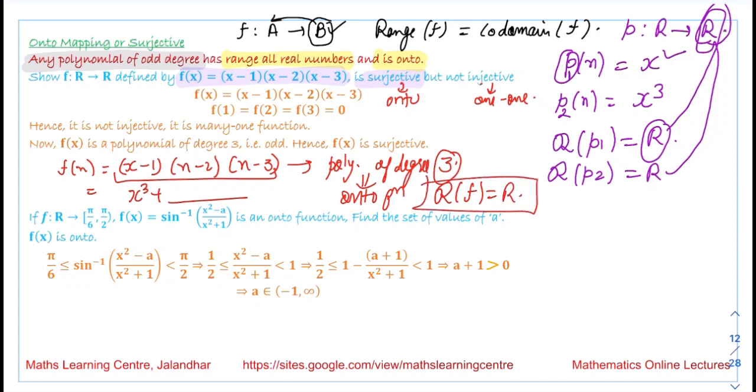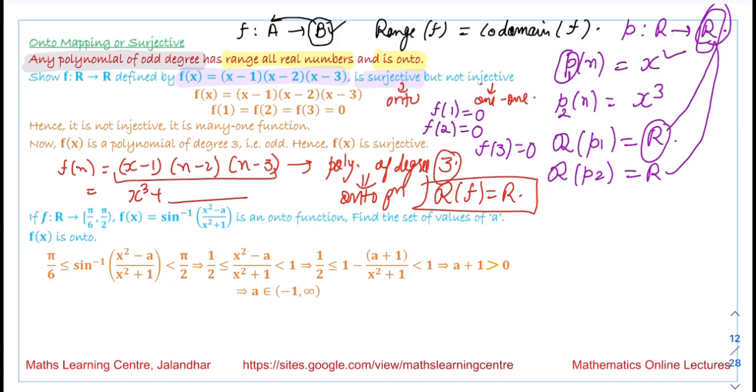Now we have to prove that this function is not 1-1. If we look at the value of f of 1, the answer is 0. The value of this function at 2, the answer is 0. The value of this function at 3, the answer is 0.